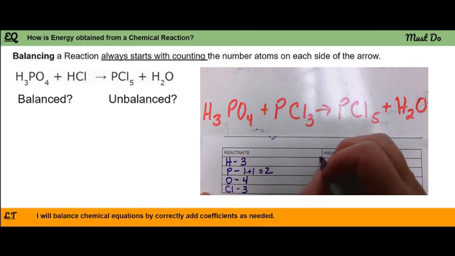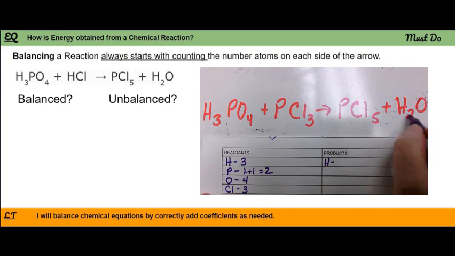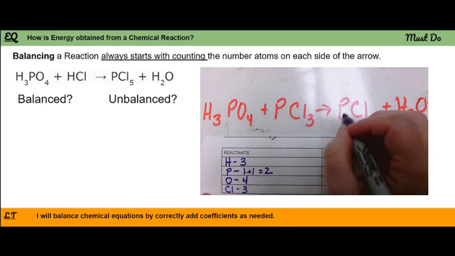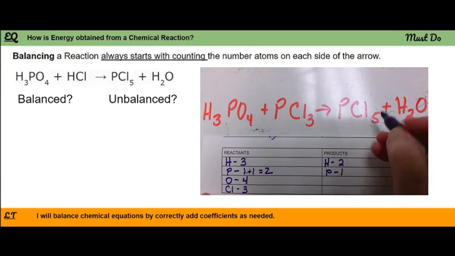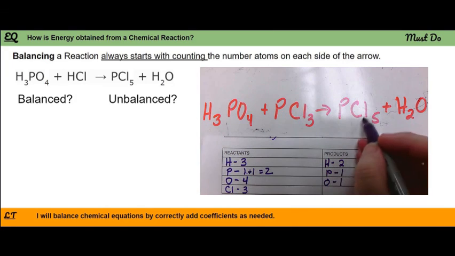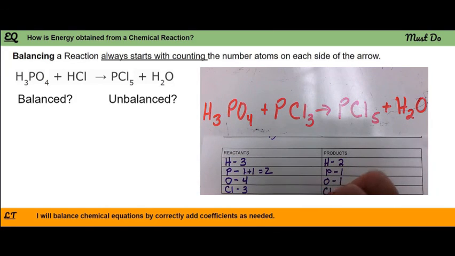On this side, I'm going to do the same order. So H: I don't have an H here, but I have 2 here. P: I only have the 1 P. And then here I have an O, so there's only 1 O. And then chlorine, Cl, there are 5 of those. So now if I look at them and compare them, they are not the same.